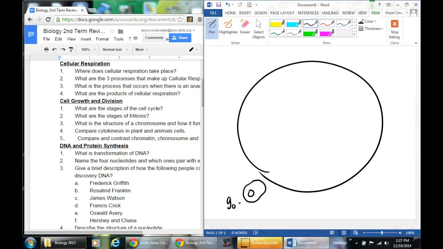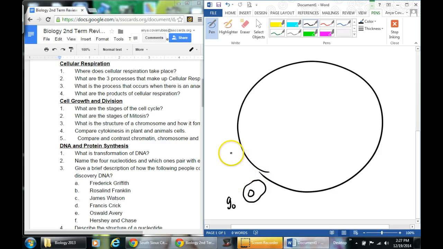Like lung cells, neurons in the brain and our nervous system, they don't reproduce. They don't go through mitosis very often. Unlike cells like our skin cells and liver cells, they reproduce very readily. And so it's going to depend on the type of cell for how long G0 is. Some of them it's really a long time, some of them it's not very long.